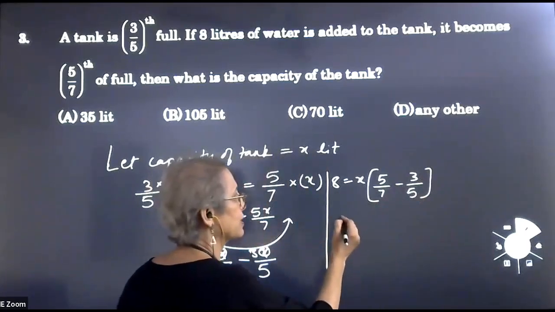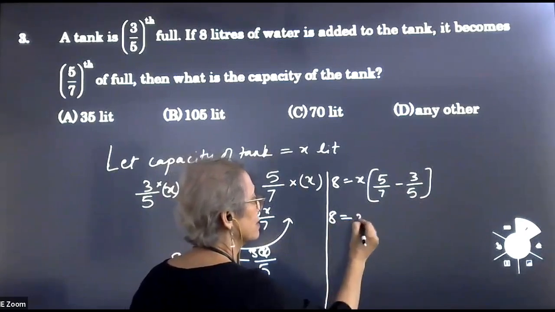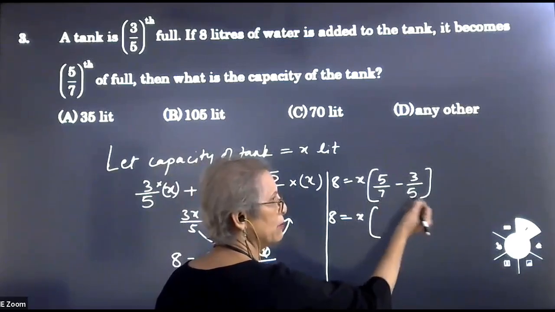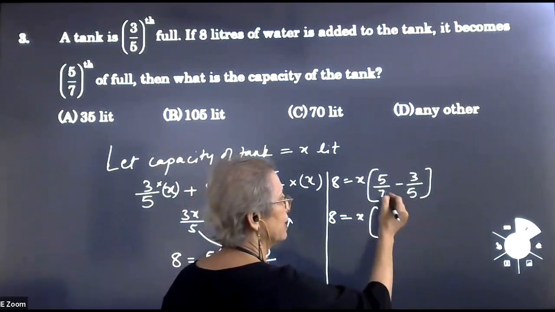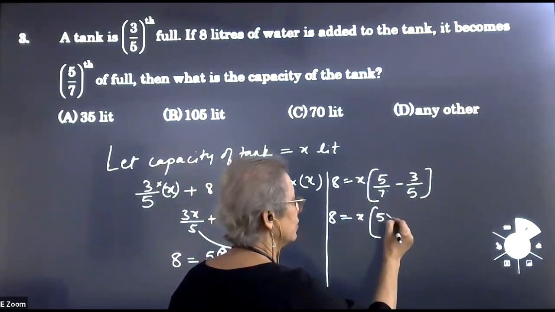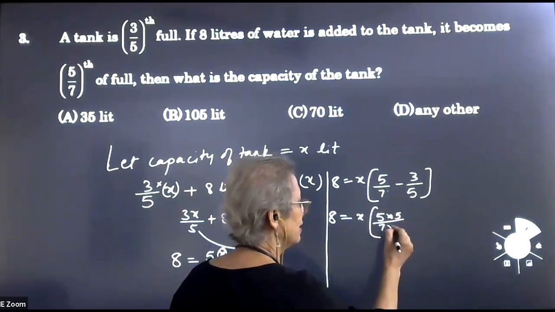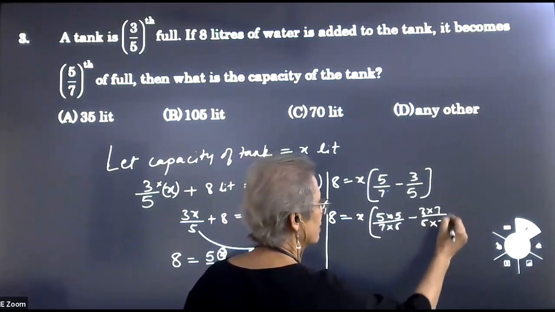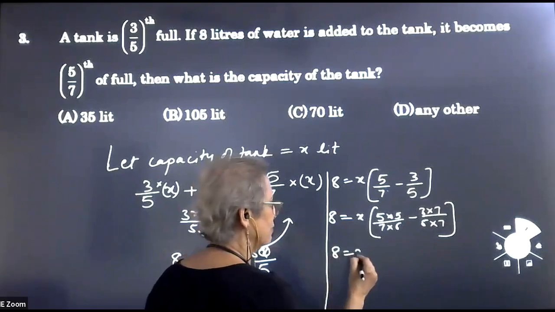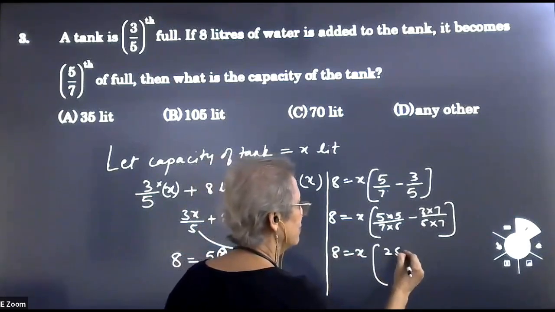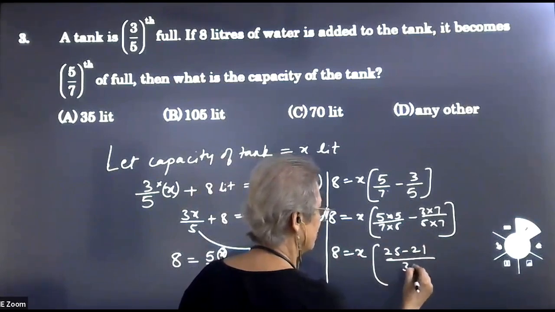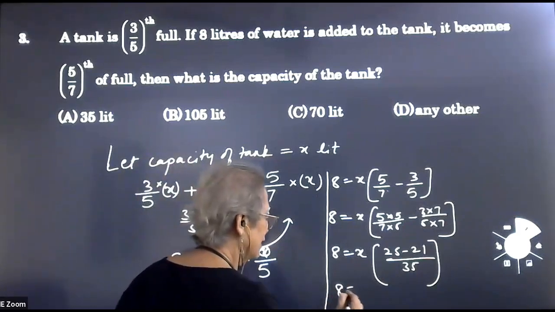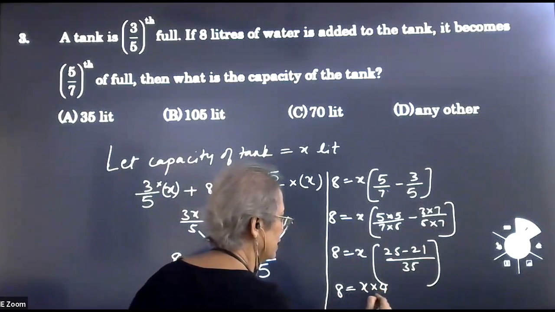And now we have to do subtraction of fractions. So LCM is 35, they are prime numbers. So multiply 5 into 5 upon 7 into 5 minus 3 into 7 upon 5 into 7. And therefore 8 is equal to x into bracket 25 minus 21 upon 35. So 8 is equal to x into 4 upon 35.